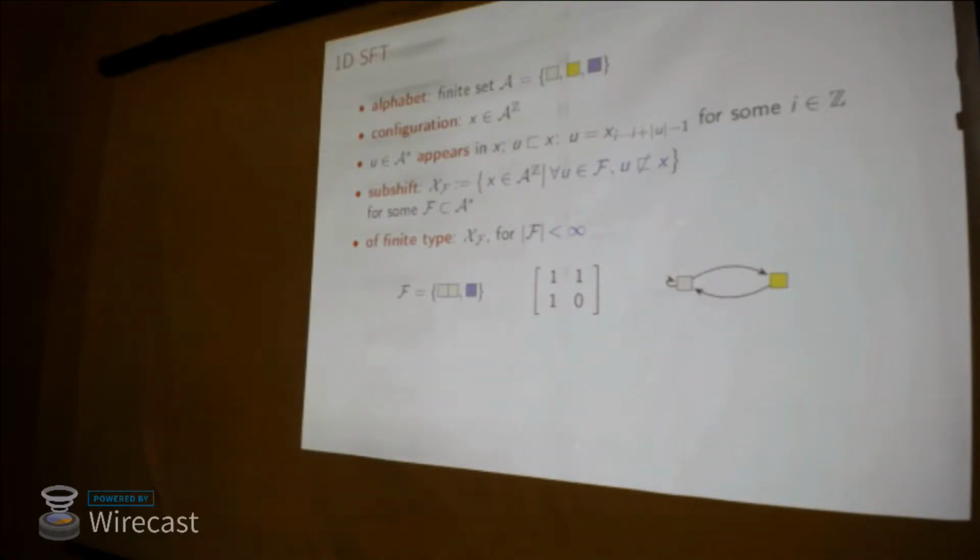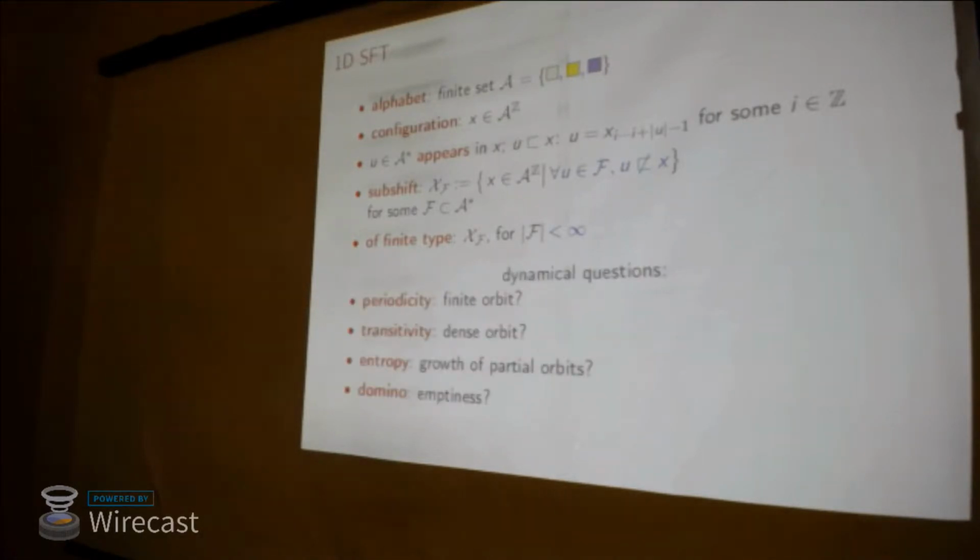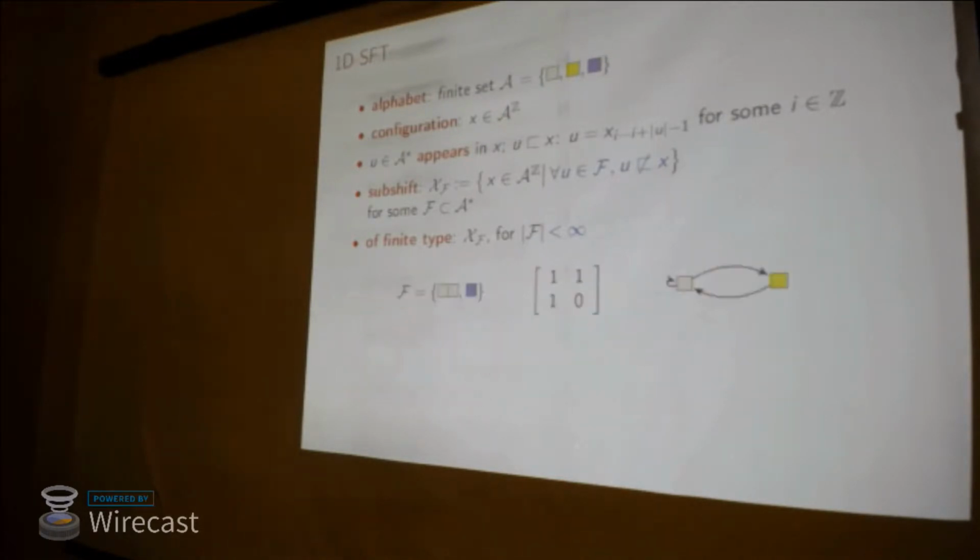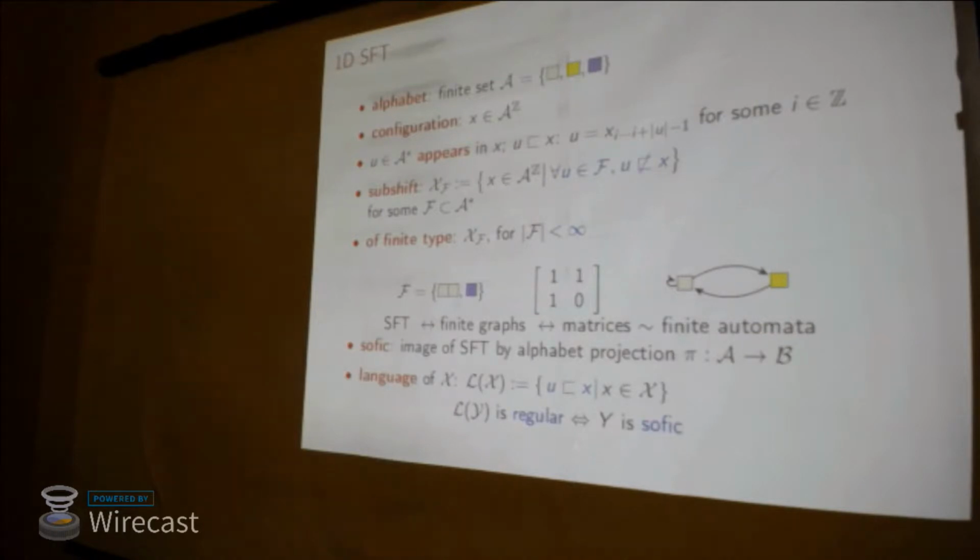So yes, it sounds trivial when I say it like this, but it's to prepare what happens in the larger framework that we are going to see. So yes, SFTs are basically representable as finite graphs and matrices, and they also correspond to finite automata in some sense. In which sense?